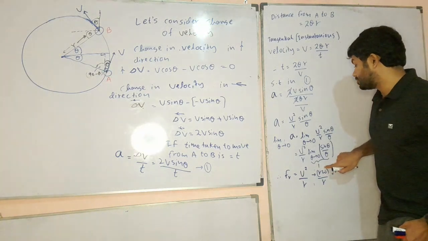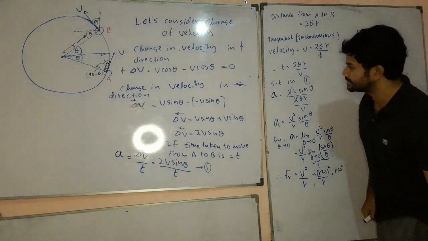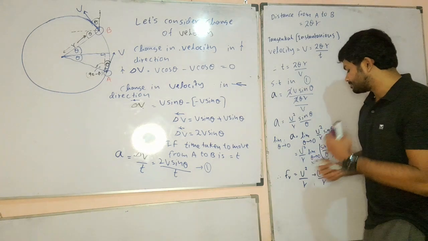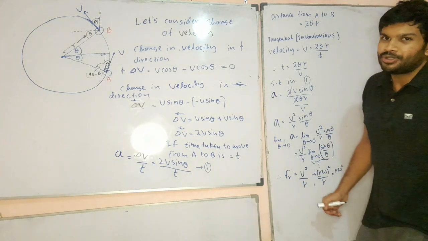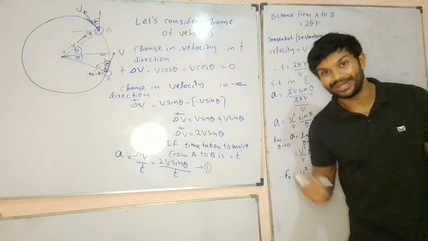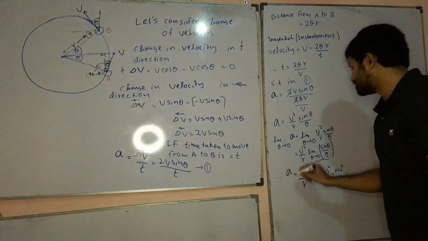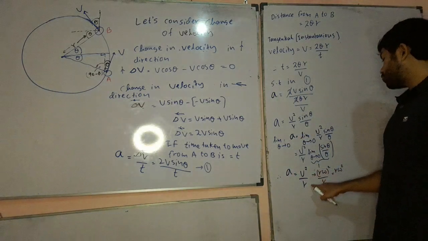So it is not something annoying anymore. Why is that? It's going to be 1, right? So the acceleration a is v squared over r.